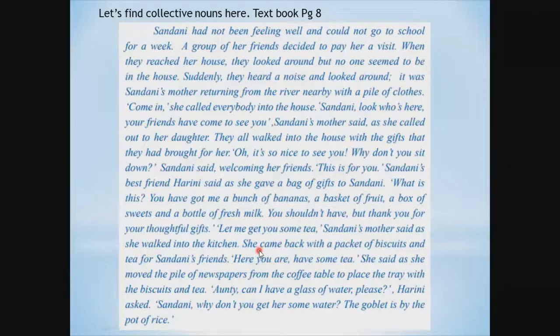She came back with a packet of biscuits and tea for Sandani's friend. Here you are, have some tea, she said as she moved the pile of newspapers from the coffee table to place the tray with the biscuits and tea. Auntie, can I have a glass of water, please? Harini asked. Sandani, why don't you get her some water? The goblet is by the pot of rice.